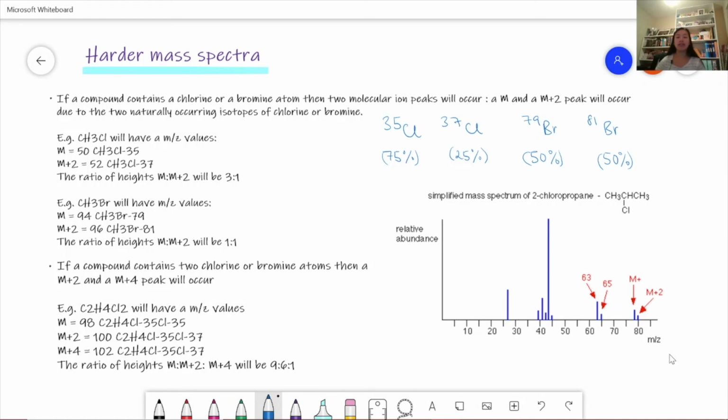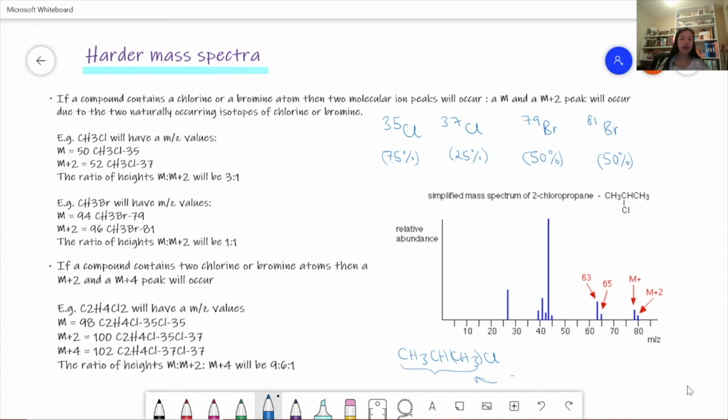Now, if a compound contains two chlorine or bromine atoms, then an M+2 and an M+4 peak will occur. If we look at this mass spectrum of 2-chloropropane, and have a look at all their ARs, so CH3, CH, CH3 and Cl, we can have Cl-35 or Cl-37. First I'm going to add up this bit.